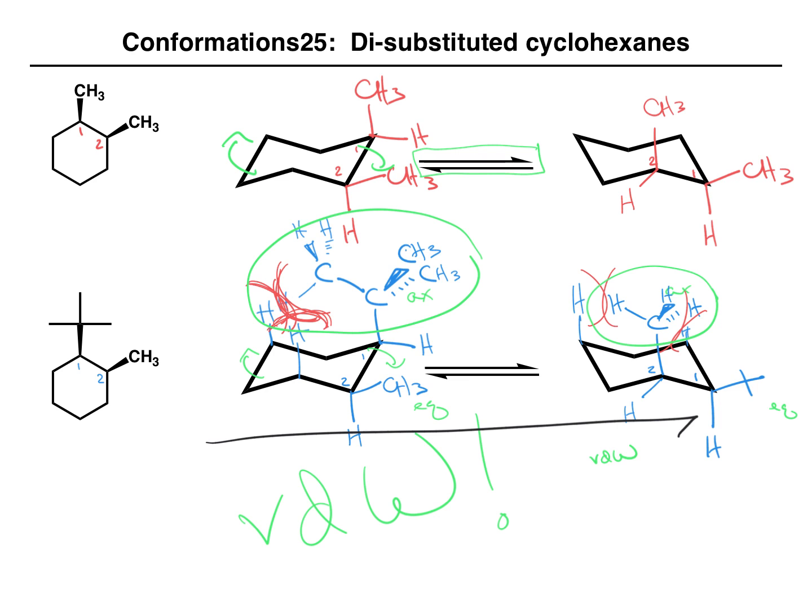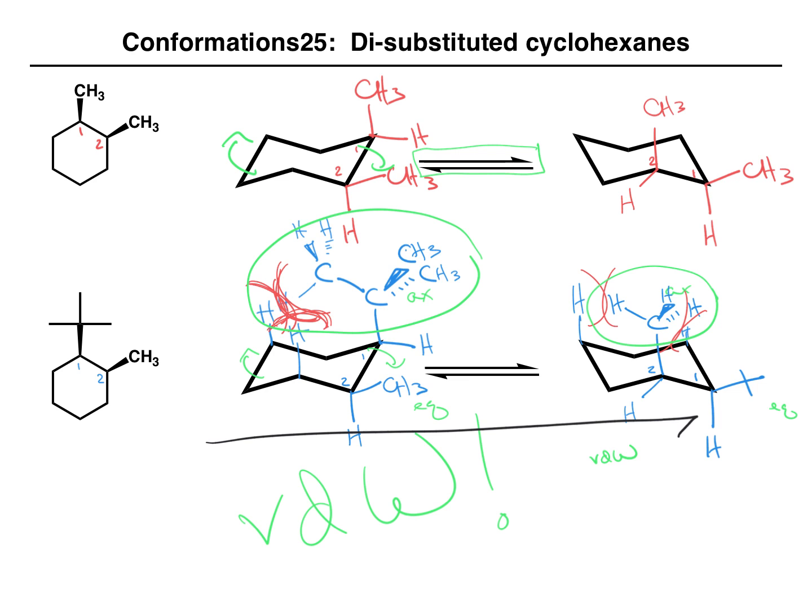So the molecule will put up with a little bit of van der Waals strain from a methyl group axial to avoid having a ton of van der Waals strain from having a t-butyl group axial. So at equilibrium, almost all of our molecules are going to exist in this conformation with the t-butyl group equatorial rather than having the t-butyl group axial.